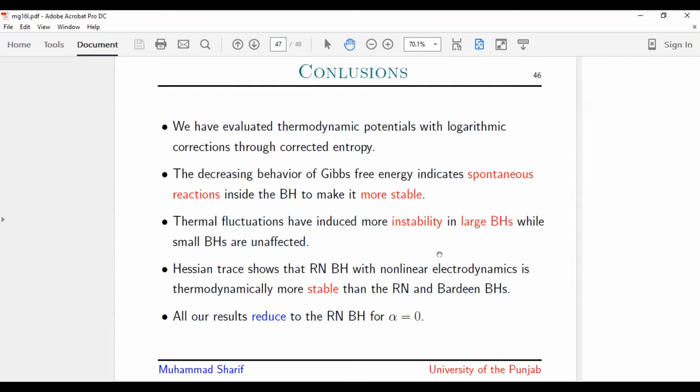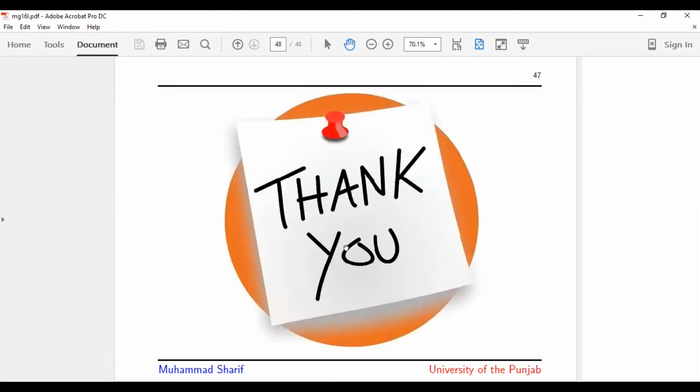We have seen through the Hessian trace that the RN black hole with nonlinear electrodynamics is thermodynamically more stable than the RN and Bardeen black holes. And finally, we can conclude that all our results reduce to the RN black hole when we make the coupling parameter 0. Thank you very much.